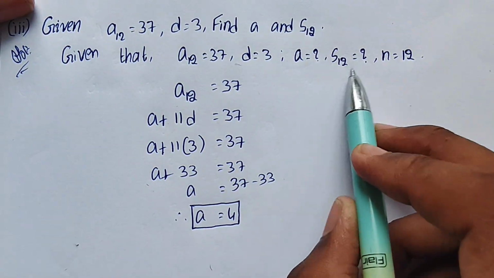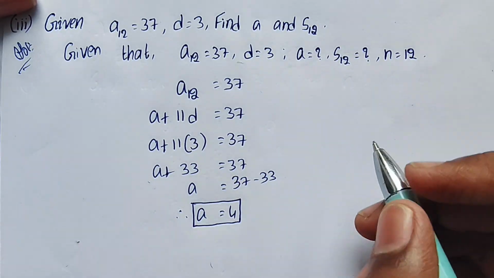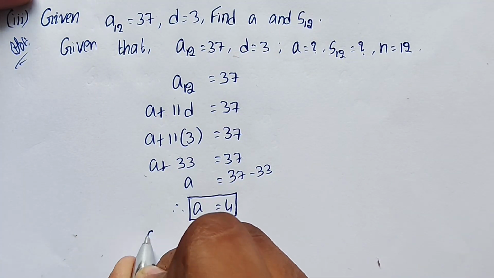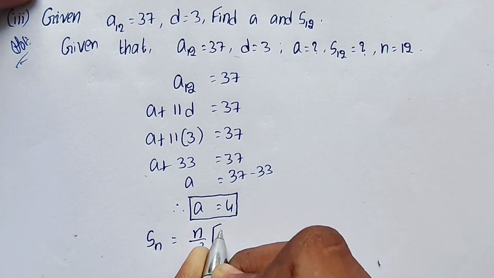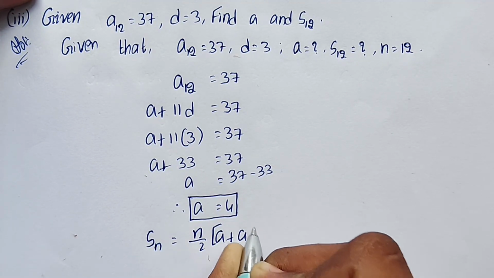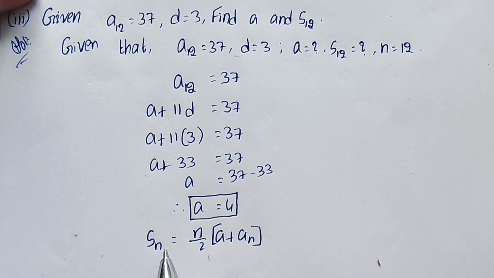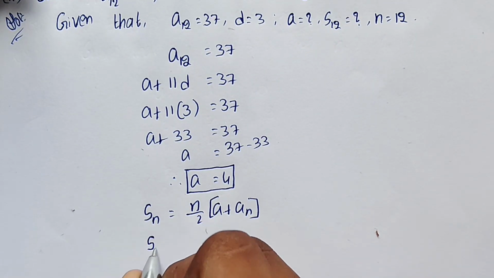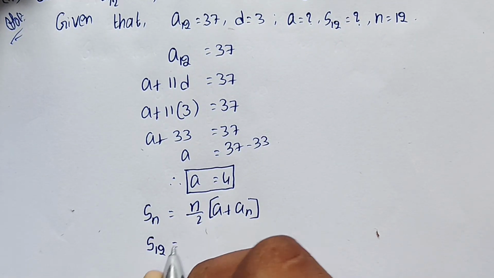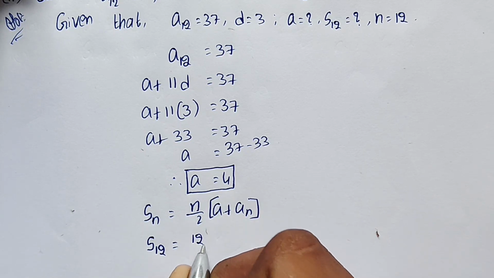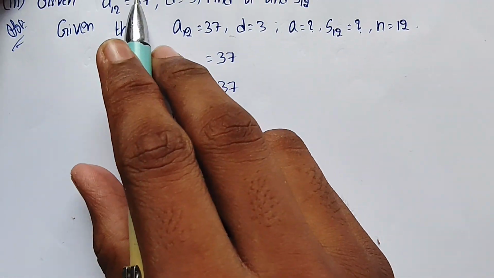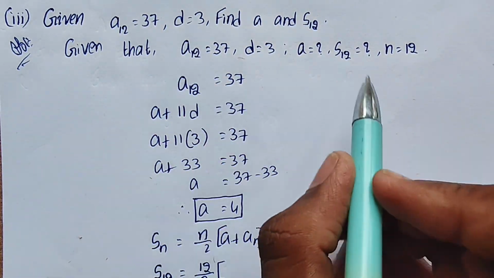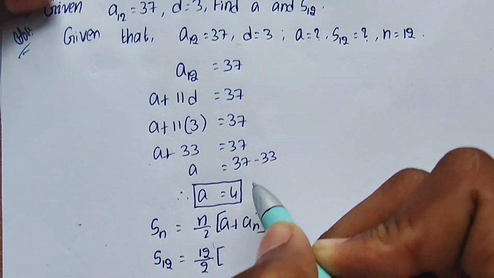Now let us find the value of S base 12. We know the formula of S base n, that is n by 2 into a plus a base n, so S base 12. He asked you to find out the sum of 12 terms. So 12 by 2 into the value of a. The value of a we got now is 4.